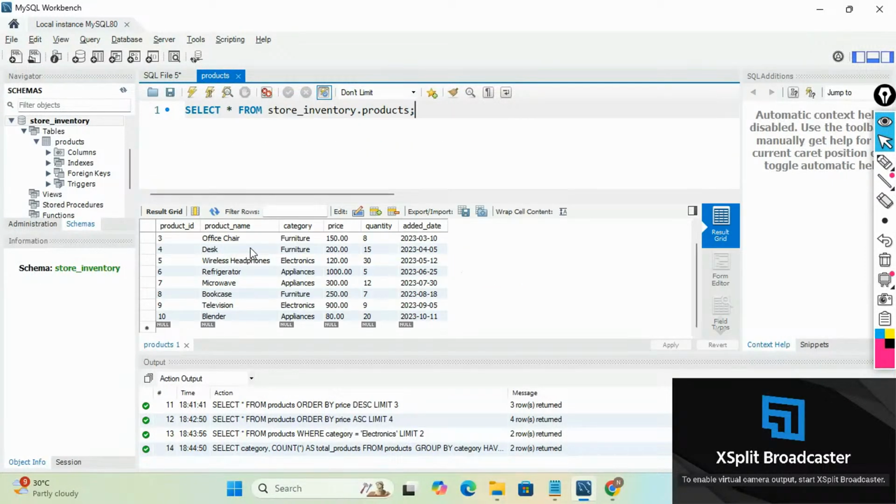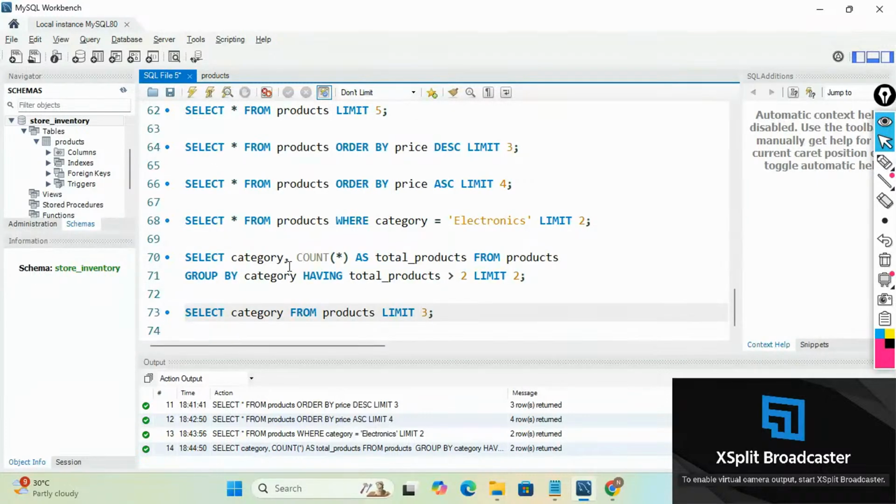So what will be the output? Furniture, electronics, furniture.